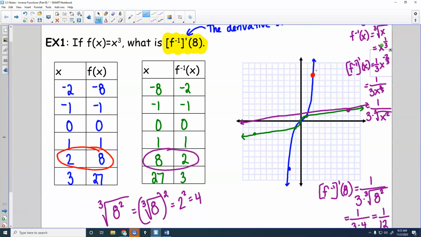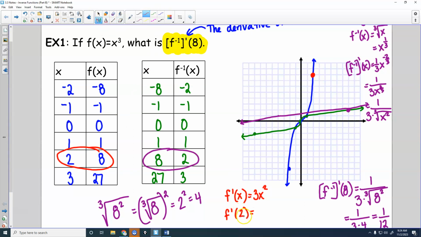Okay, now let's find f prime of 8. So if we find f prime of 8, f prime of x is 3x squared. F prime of 8. Oh, I'm sorry, not f prime of 8. We don't want f prime of 8. We want f prime of 2, because 2 is the x value on that corresponding point.